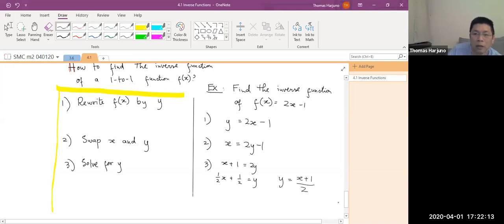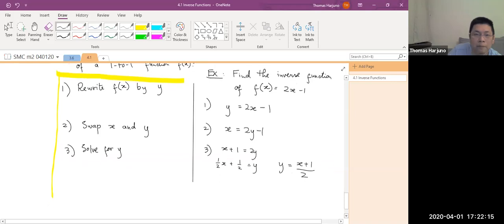And then step 4, the last step, rewrite y by f inverse x. That's our step 4. f inverse x equals (x plus 1) over 2.